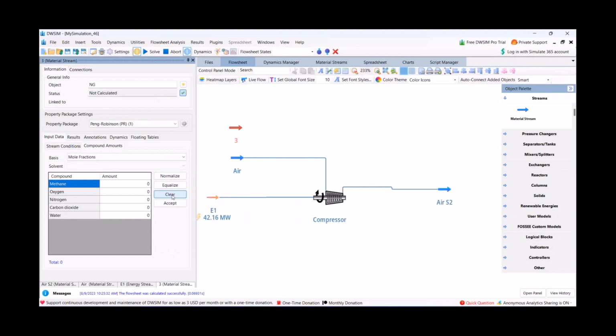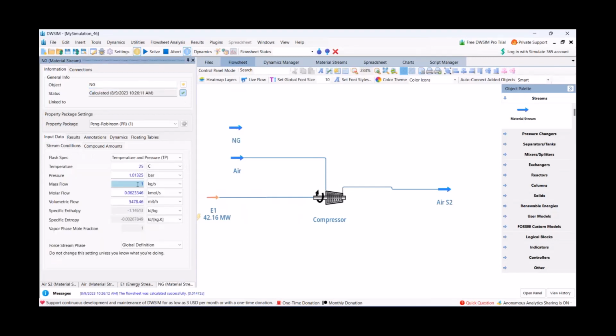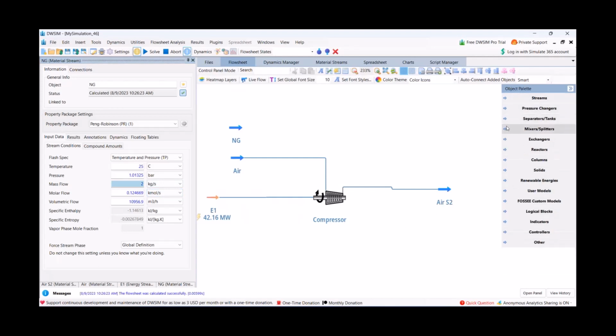I will clear it, and I will use only methane here for simplicity again. And here you need to enter the natural gas stream conditions. I will use 2 kilogram per second, 25 degrees C, and let's keep it at 1 bar.